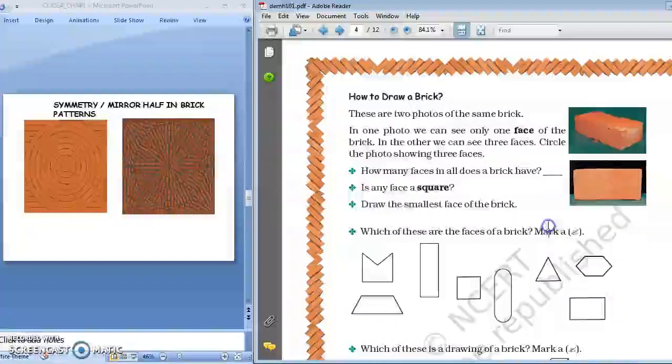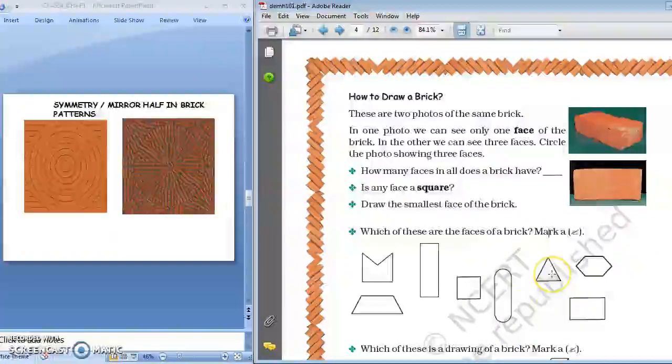Let us go to the next question. Which of these are the faces of the brick? So when we look at this, can you see that this becomes any face of the brick? No. What about this? No. This? Yes. This is one face of the brick. What about this? No. It's not a square in shape. Is there any round?